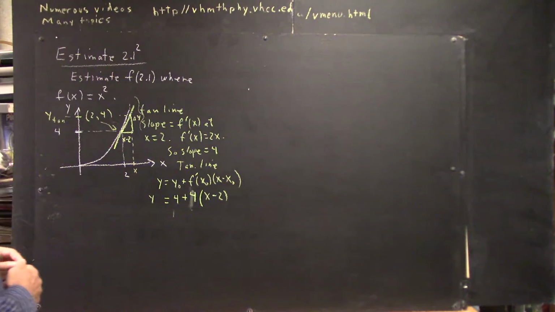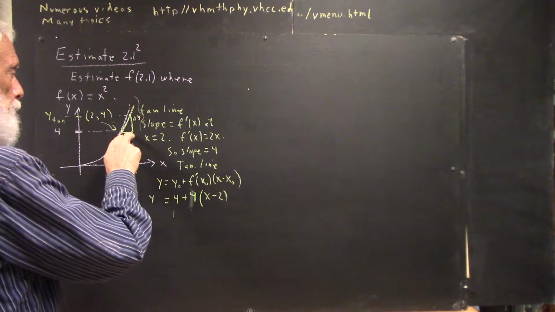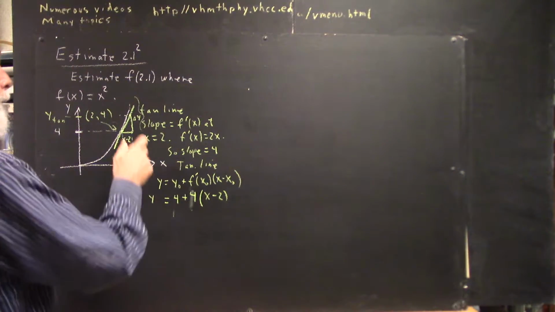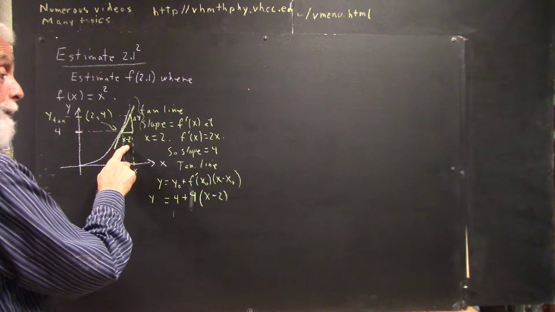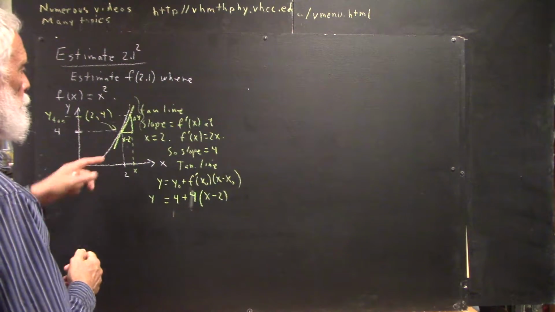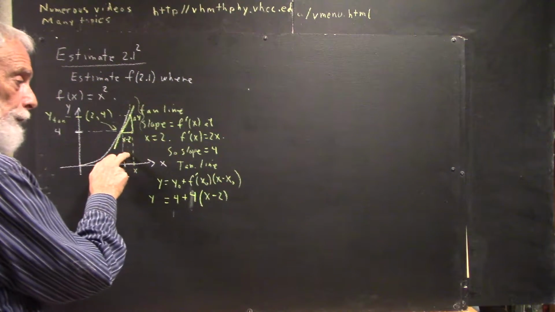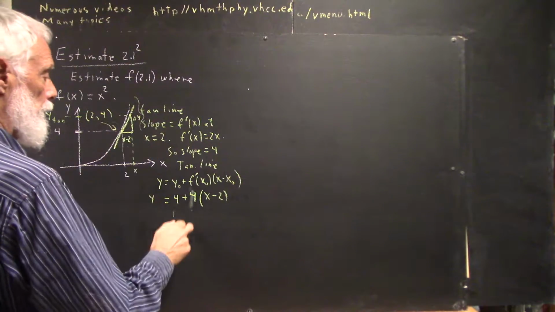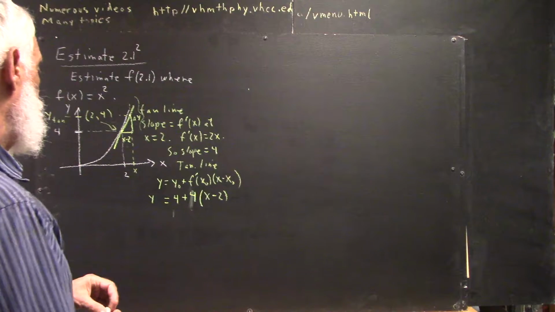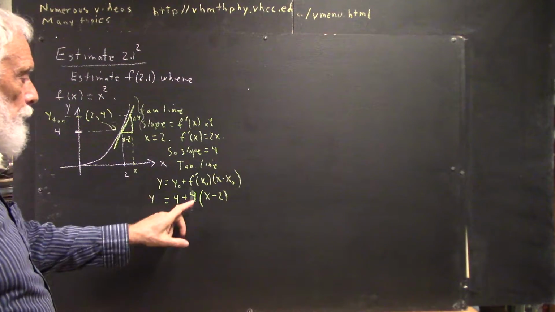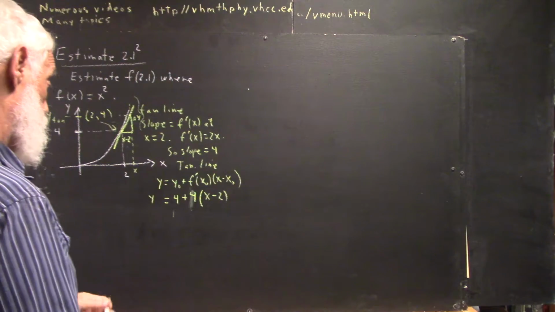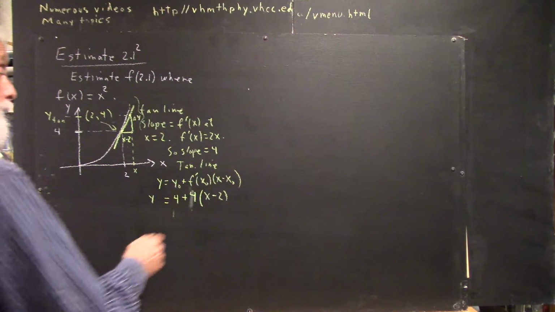Now if I multiply x minus 2 times the slope, I get the rise, because the slope is the rise divided by the run. The run is x minus 2. The slope is 4. So 4 equals delta y over x minus 2, and delta y then equals 4 times x minus 2. You want to get used to the idea that your change in y is equal to the slope times your run, times your change in x. Okay, that's the tangent line.